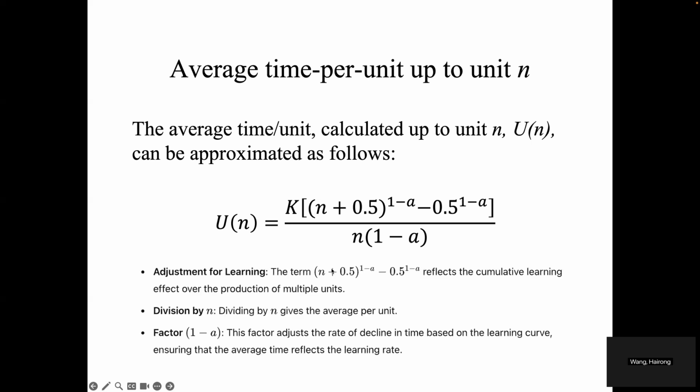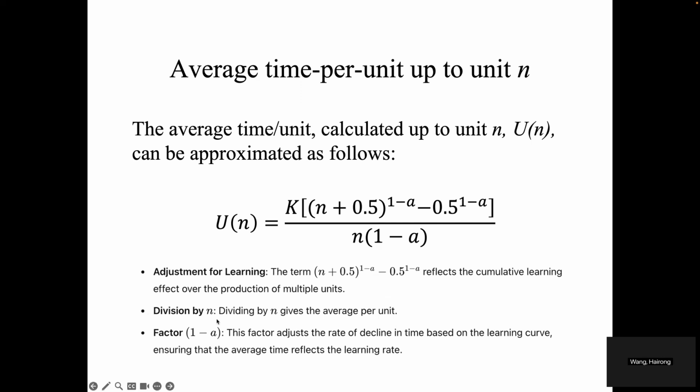Here are some detailed explanations for the different terms. Firstly, for the adjustment for learning, we use this term to reflect the cumulative learning effect over the production of multiple units. We also divide the whole formula by n, which means dividing by n gives the average per unit.